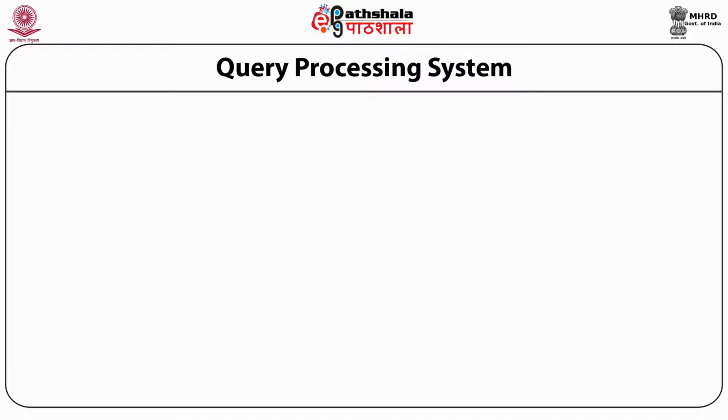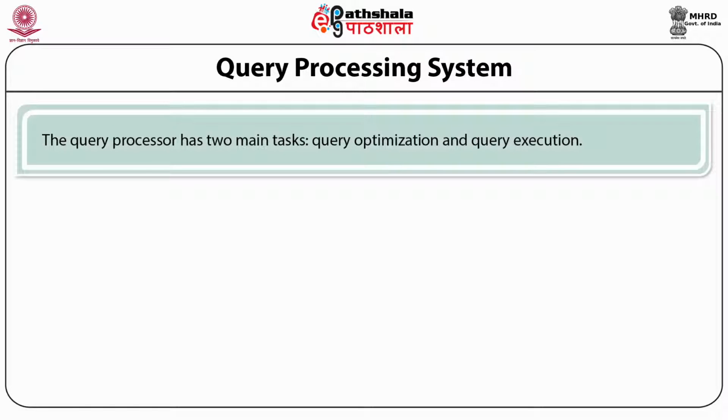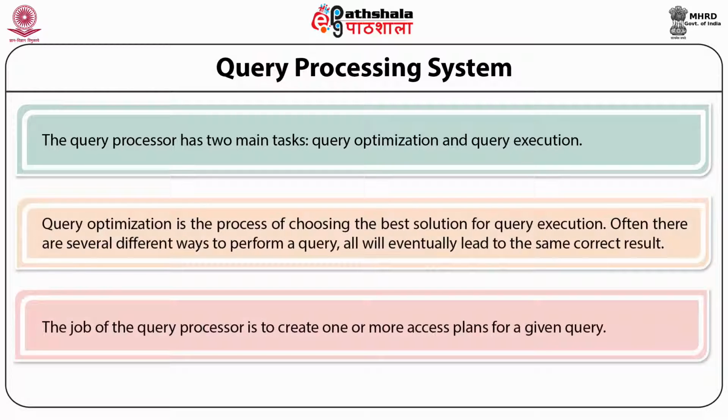Next aspect in our module is query processing system. The query processor has two main tasks. One is query optimization and the other is query execution. Query optimization is a function of many relational database management systems. The query optimizer attempts to determine the most efficient way to execute a given query by considering the possible query plans.